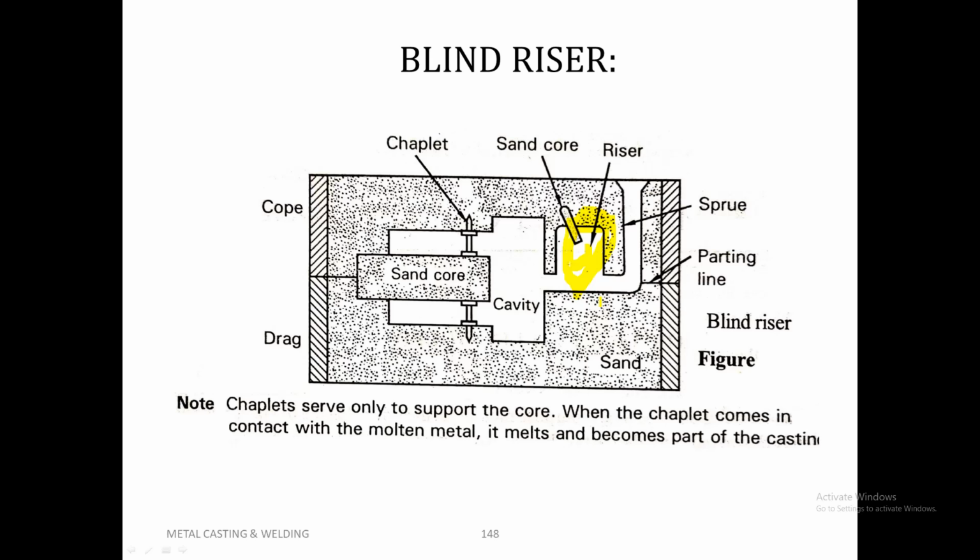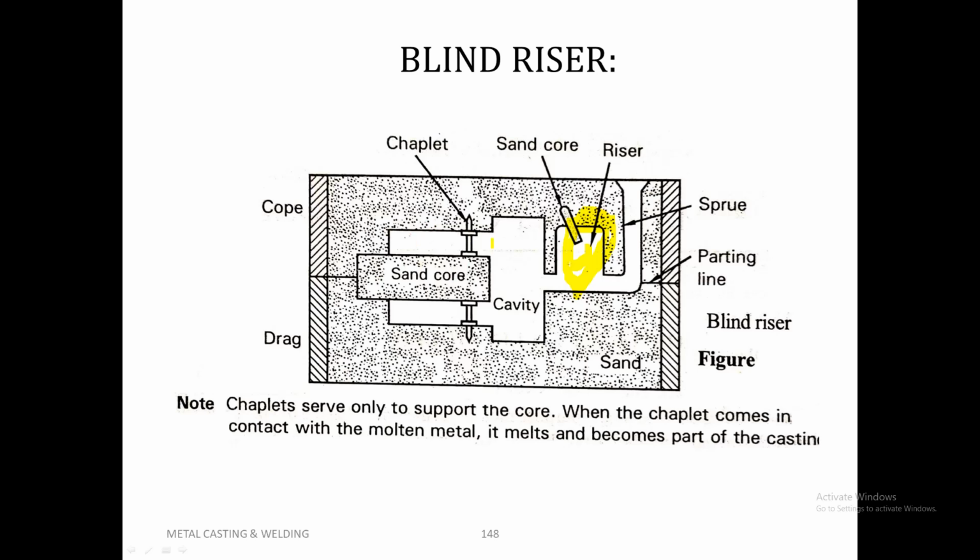There is also less chilling effect due to the use of dry sand core, and the solidification of the riser is slowed down, thus making it more effective. Sometimes artificial pressure is created in the blind risers by putting some explosive substance in the riser cavity. When the substance comes in contact with the molten metal, it explodes, creating a high pressure within the riser.